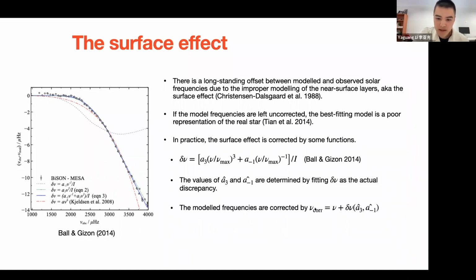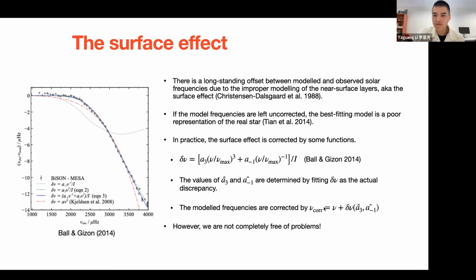Then you can essentially just correct the original frequency by adding this delta nu using the best fitted A3 and A-1 values. So then you get a set of corrected frequencies, and you can use these corrected frequencies to do whatever the modeling requires you to do, like doing inference, et cetera.